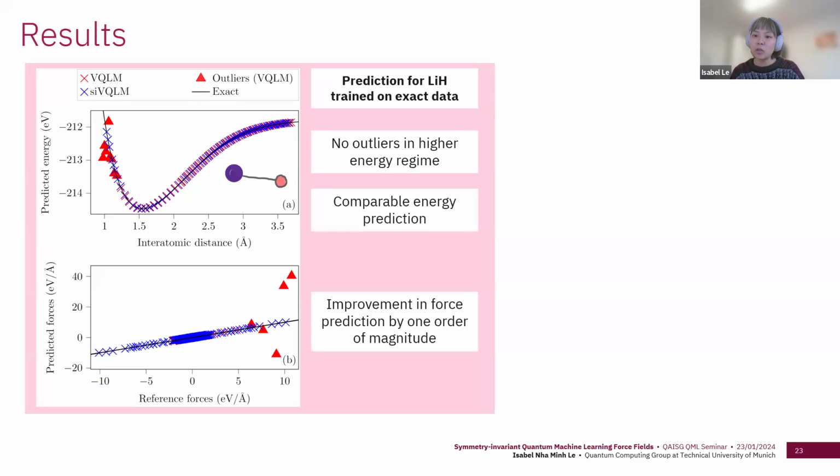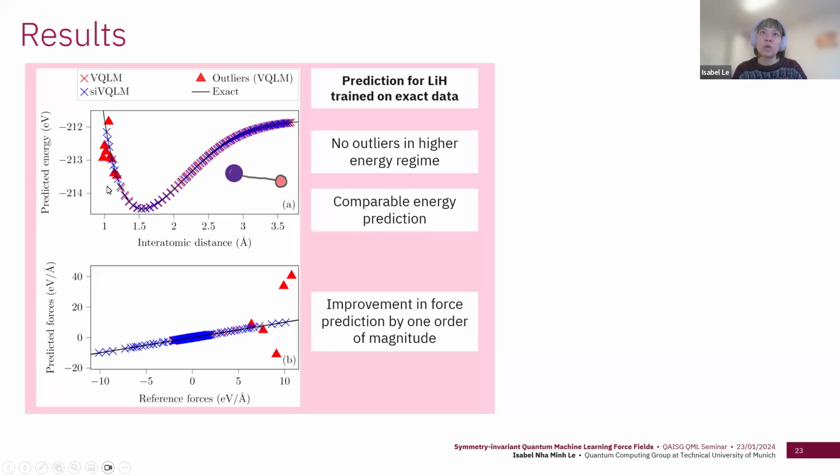And if we exclude these outliers for the generic model, we can observe that both models still show comparable results for the energy prediction, but our new symmetry invariant model shows an improvement in prediction accuracy for the forces by 1 order of magnitude.